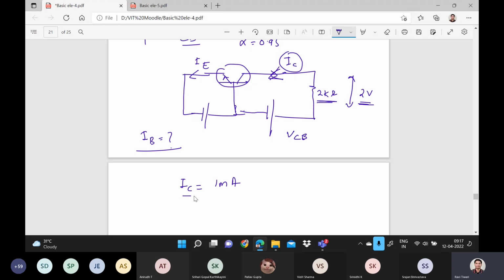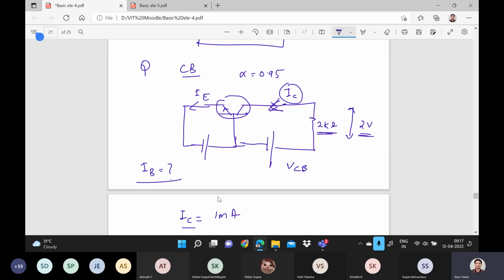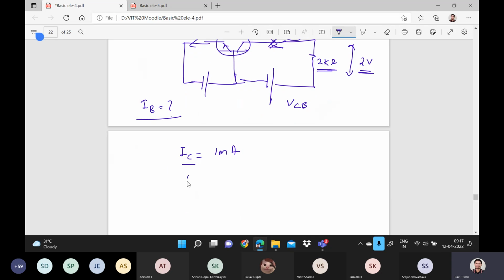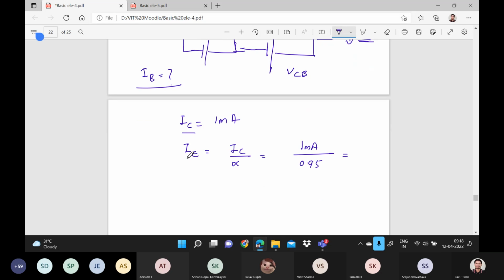If you know the value of IE, and alpha is also known to us, that is 0.95, then the value of IE will be equal to IC by alpha, right? So it will be 1 milliamp divided by 0.95, and you will get some value. Tell me that value. Yes, it's 1.05 milliamps.